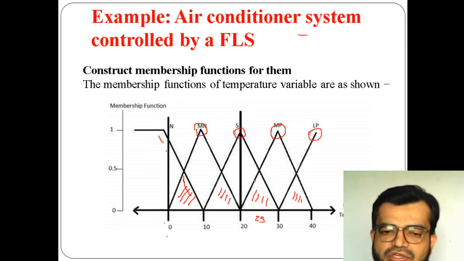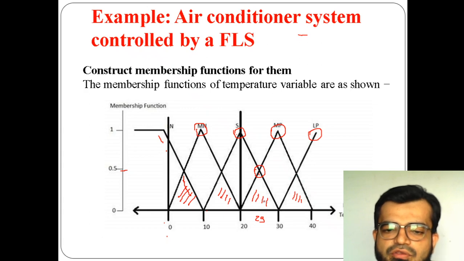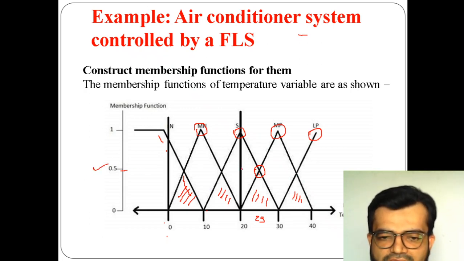But one thing you can say is that at 25 degrees the value you are getting is 0.5. So you can say that at 25 degrees it is small with a degree of 0.5, okay.